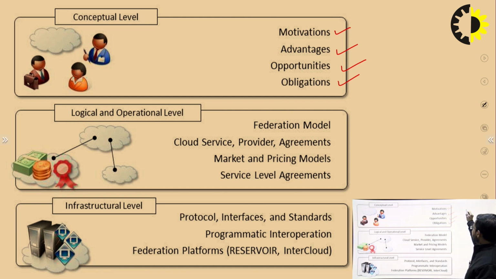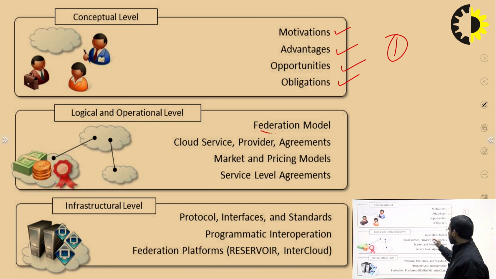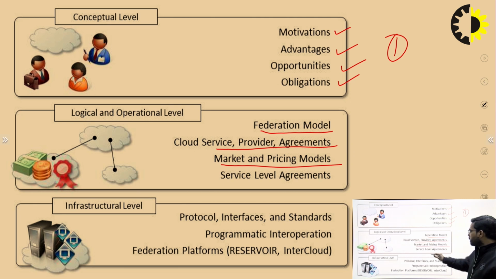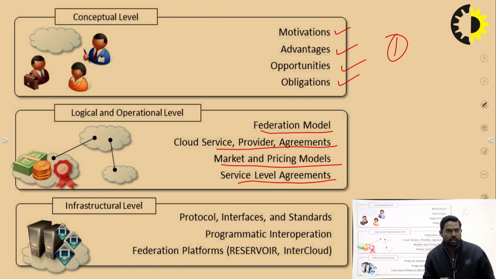Second one is the logical and operational level. In this level, the federation model is decided, cloud service provider decided, agreement decided, market and price modeling decided, and the SLA decided. So this is basically the logical: what kind of logic, what kind of model, what are the providers, what are the agreements, and how to implement it.